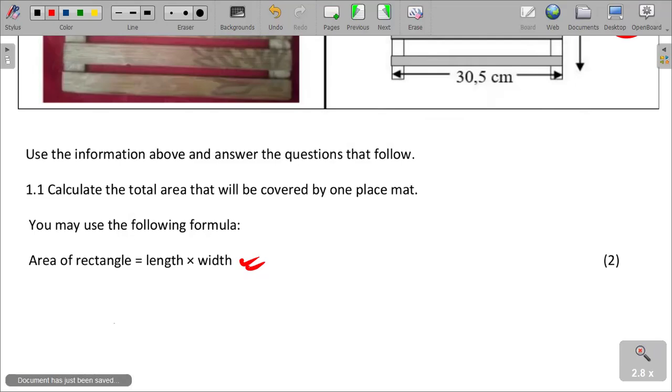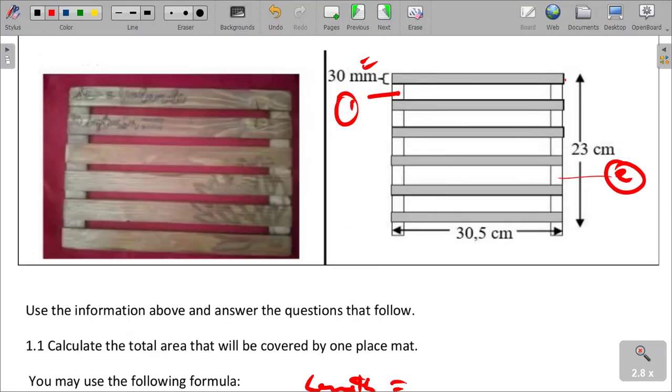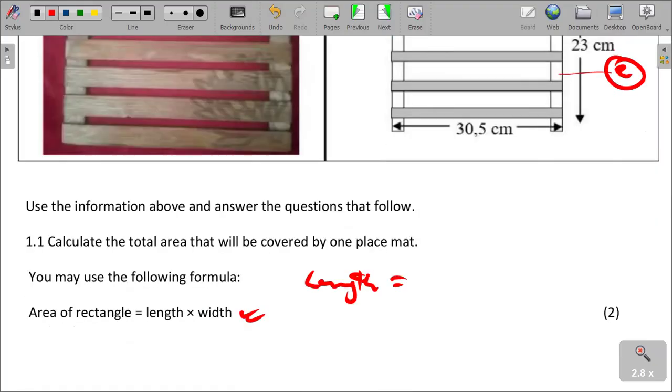The length that is given there is 30,5 centimeters.